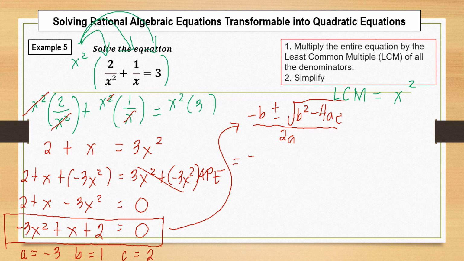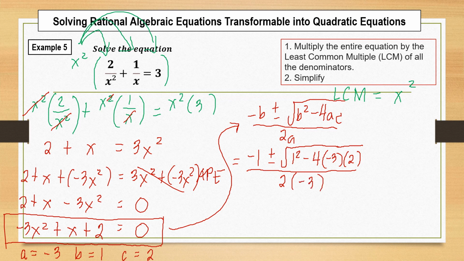So we have negative 1 plus minus the square root of 1 squared minus 4 times the value of a, which is negative 3, times the value of c, which is 2, all over 2 times the value of a, which is negative 3. Simplify, we have negative 1 plus minus the square root of 1 squared is equal to 1.